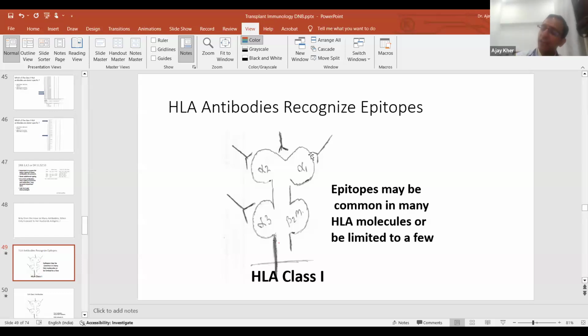So if you have an antibody that recognizes this 62GW combination, it will be an antibody against 02s, 05s, 07s, 010s. However, there may be an A02, let's say 0211, which doesn't have this epitope, and so 0211 may be a compatible donor for a particular person.